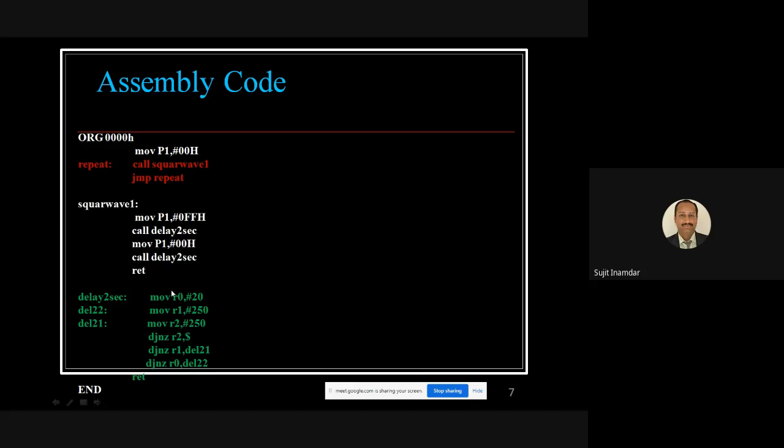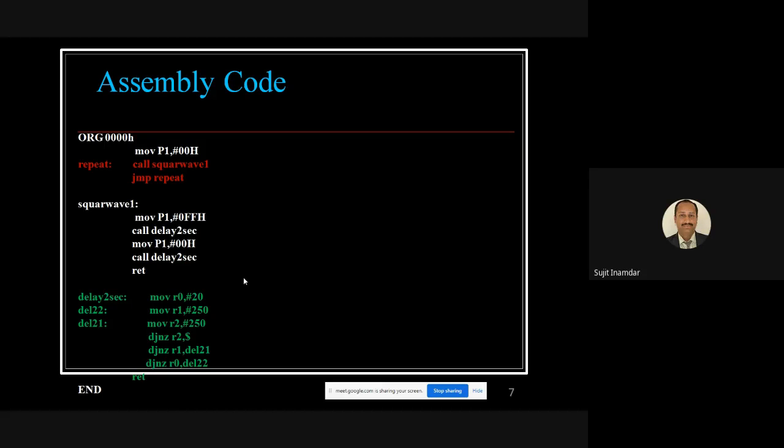Here I have just copied one of the programs. That is the assembly code for generation of the square wave. Normally the application of DAC is for the generation of waveforms, that is digital to analog conversion.